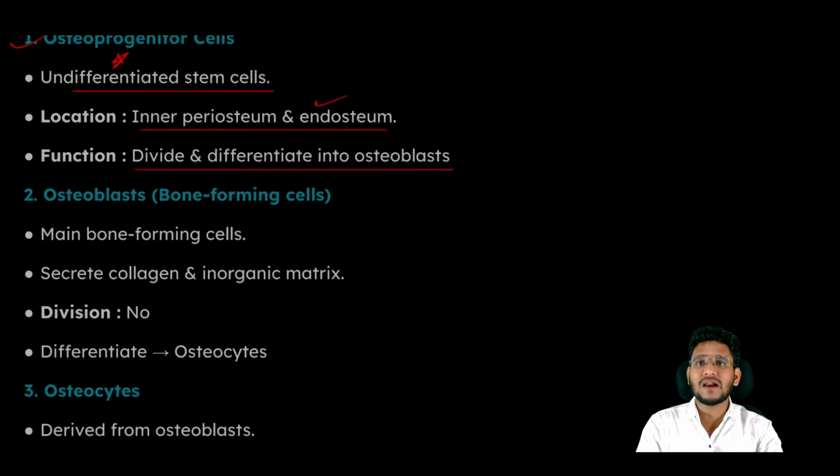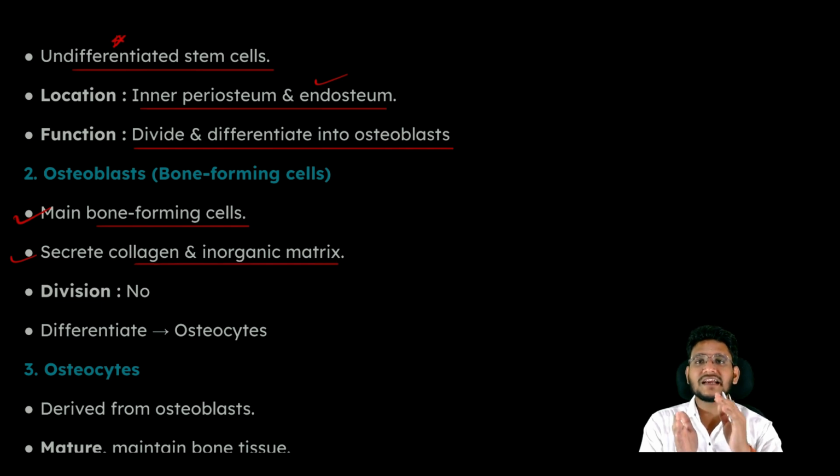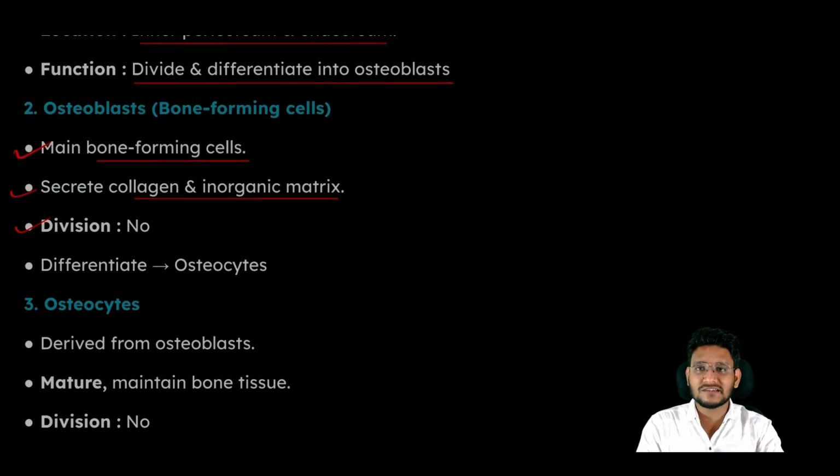Now we have osteoblasts, and these are actually the main bone forming cells. These are the main cells responsible for bone formation. They form the bones by secreting collagen and inorganic matrix. There will be no division in osteoblasts like osteoprogenitor cells.